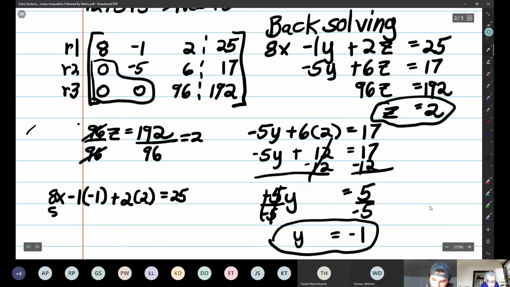So this is going to be 8x plus 1 plus 4 equals 25. 8x plus 5 equals 25.